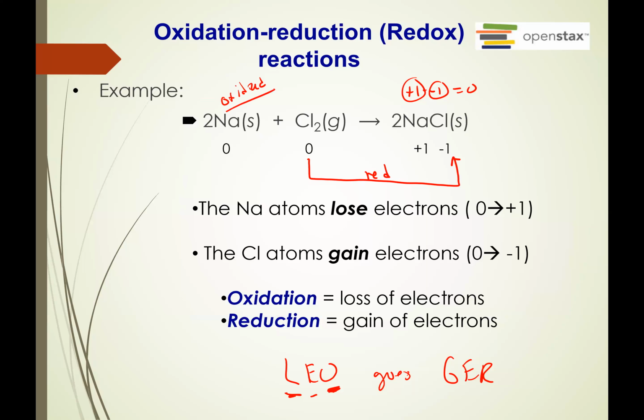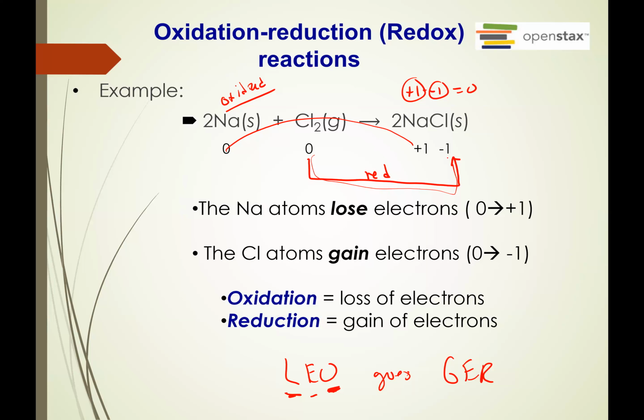So remember when we looked at this earlier, we have our sodium, which lost an electron. Here it is losing an electron. Chlorine gained an electron, and that's what created sodium chloride, right? This is actually an oxidation reduction reaction because we're moving an electron.